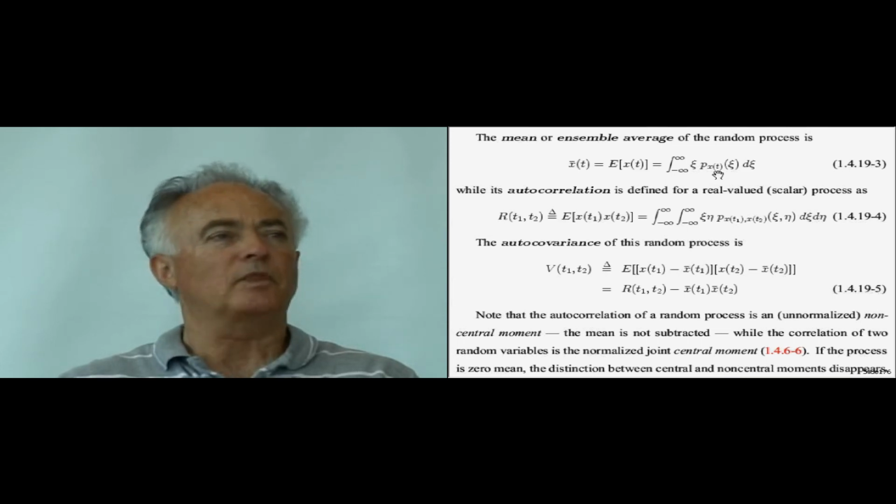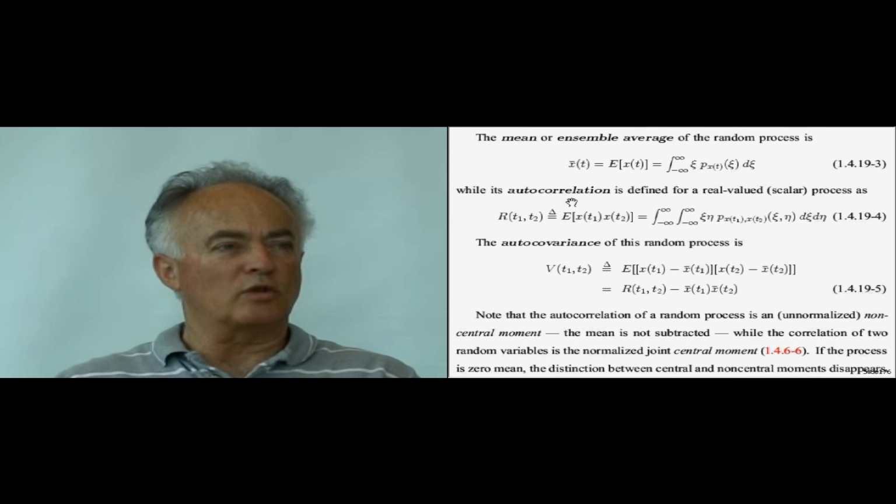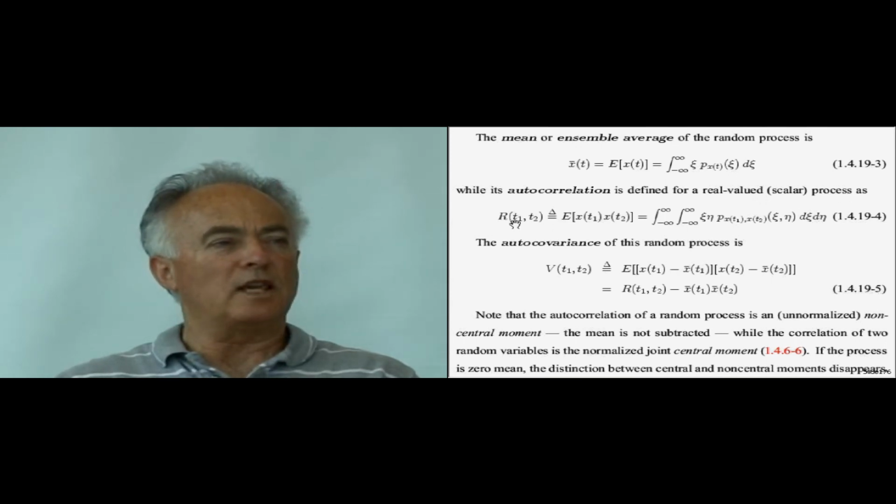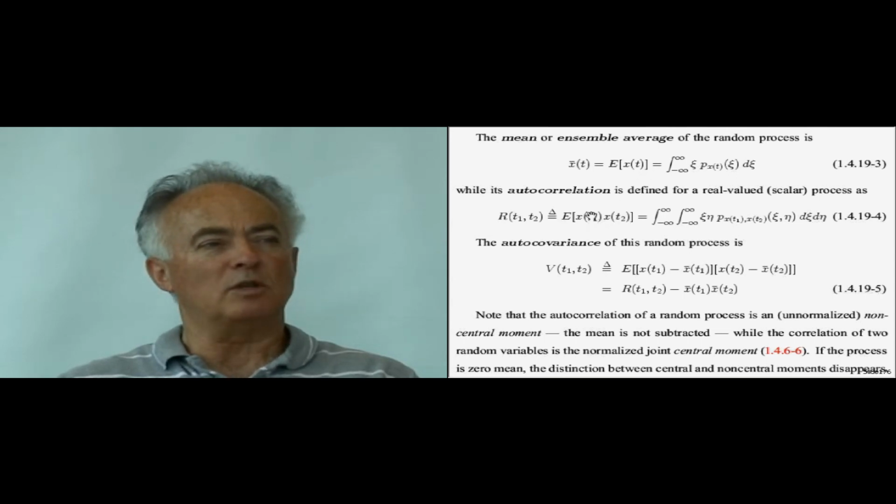The autocorrelation is defined for a real valued scalar process as E of x at t1 times x at t2. Here we deal with a single point in time, here we deal with 2 points in time and define a second order moment denoted as R at arguments t1, t2.